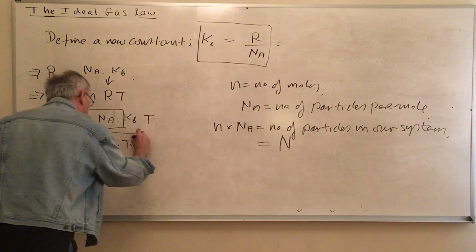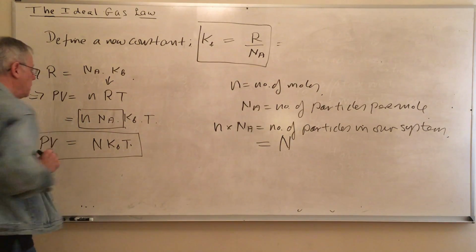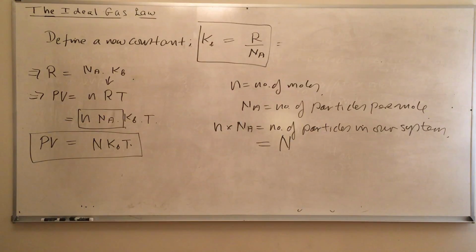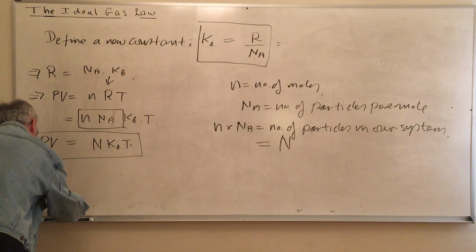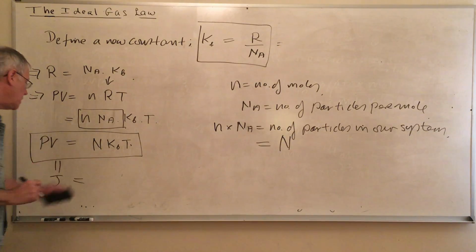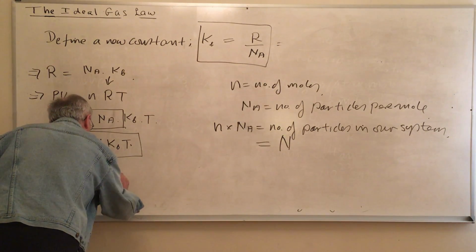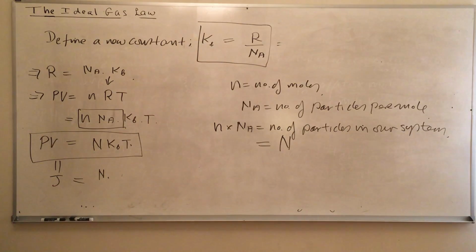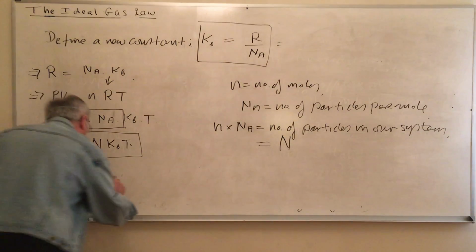And now we have a very beautiful and elegant form of writing the ideal gas law. Now remember we said the quantity PV has units of energy. This is just a number. Now this is the number of joules per particle per Kelvin.